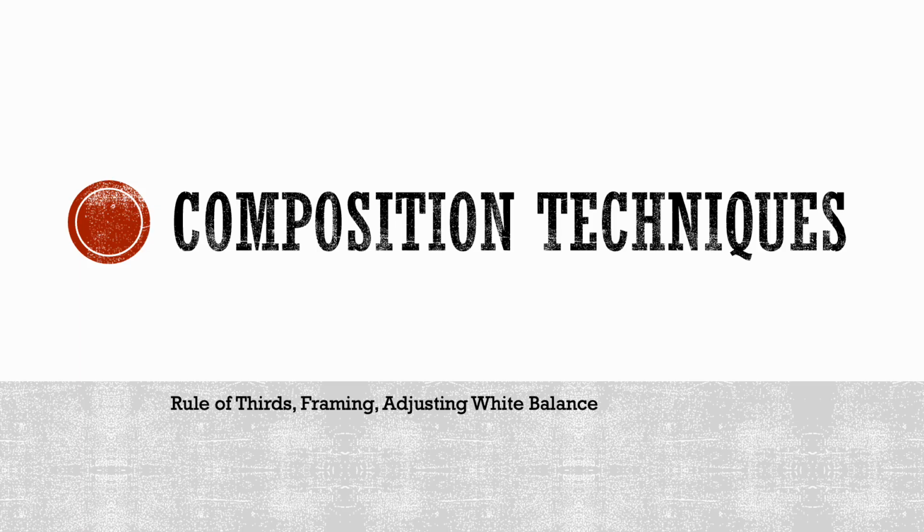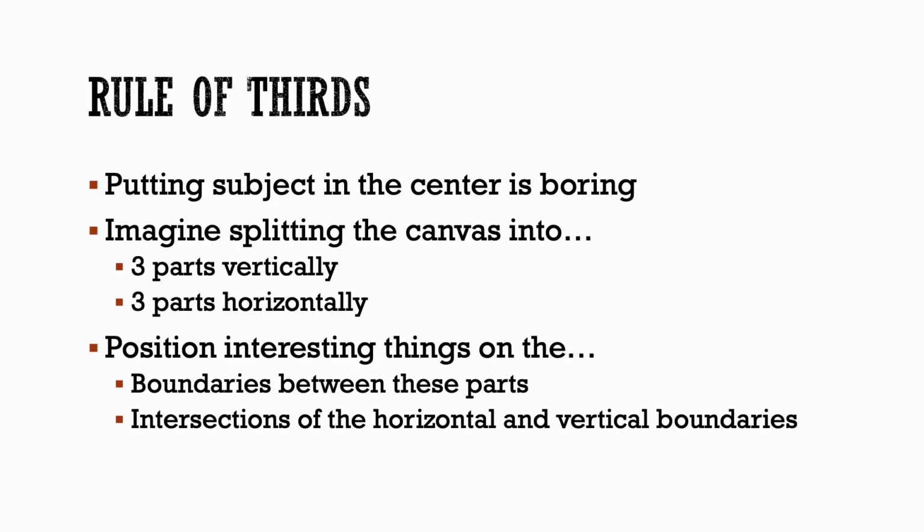Now let's talk about some simple composition techniques. These are not as abstract, these are more practical perhaps than other things we've been talking about so far. The rule of thirds: when you put a subject in the center, that's acceptable, that's fine, but sometimes it's boring.